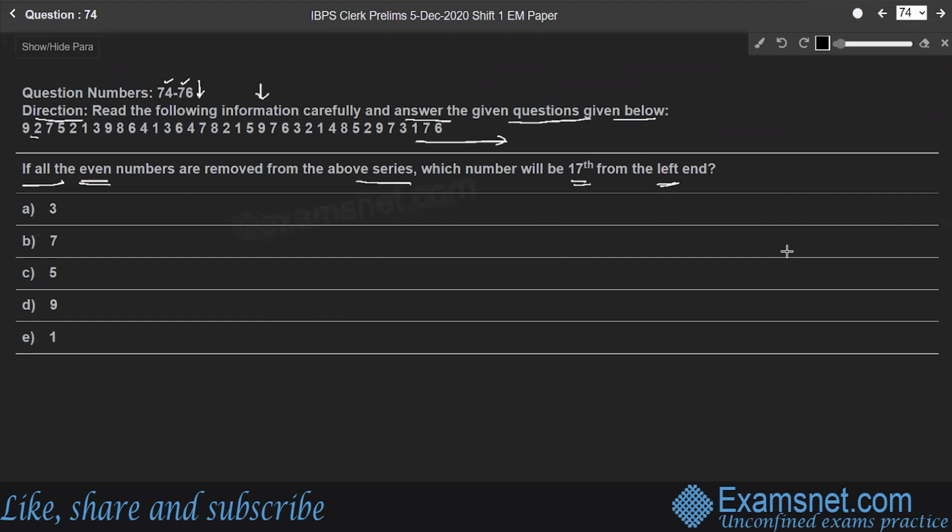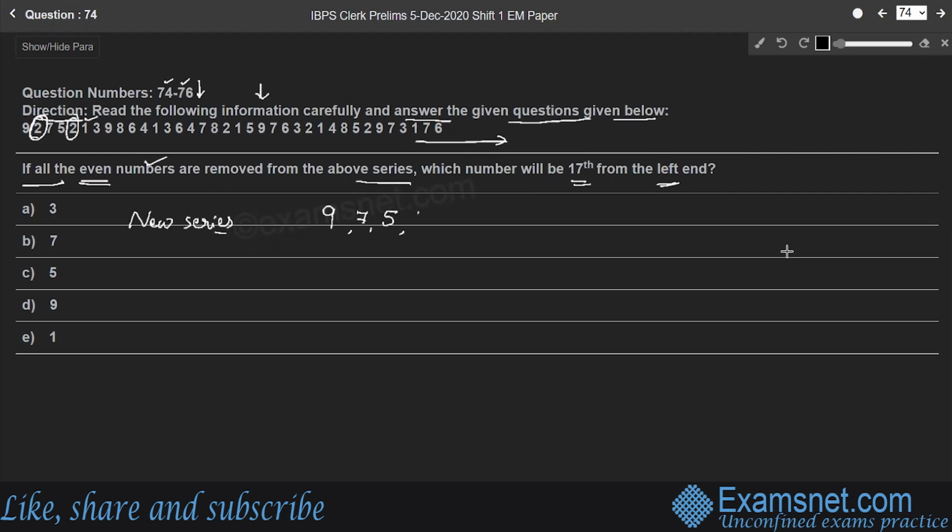If all the even numbers are removed from the series, the new series becomes as follows. 2 is removed, and the next number 7 is odd, 5 is odd. Another 2 will be removed.